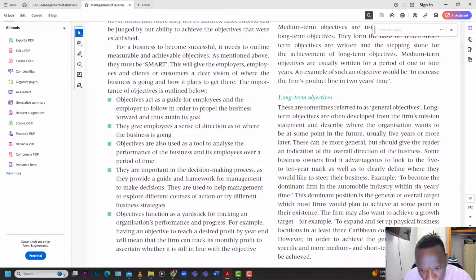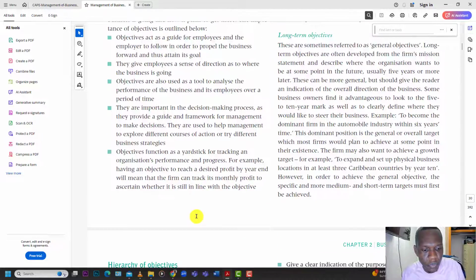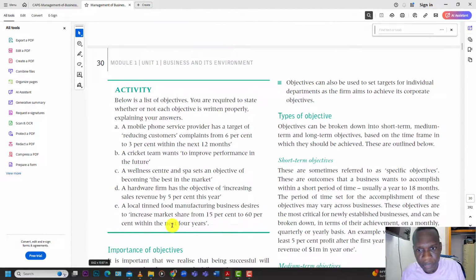And if you look at the video we did for SMART, I mentioned something along that line, where if you wanted to make, I think it was, 200,000 in sales for that fiscal year, that corporate year, you have to break that down into maybe quarters, so you can measure where you are in quarter 1, quarter 2, quarter 3, so you can know if you're on track to hit that particular target by the end of the fiscal year. So those are just some reasons why objectives are important.